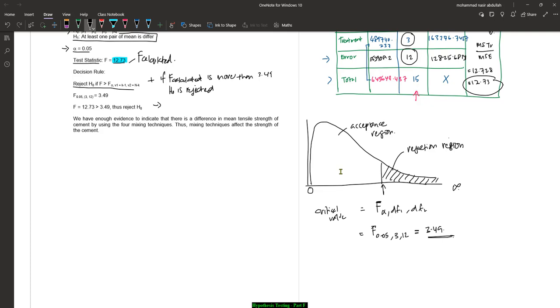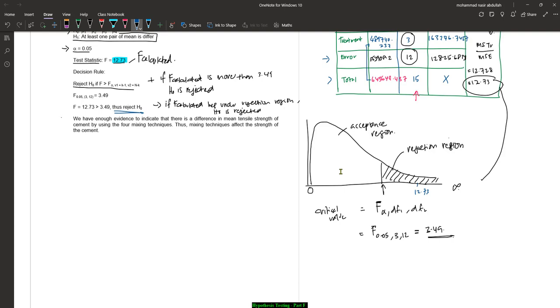Another way is if F calculated lies under rejection region or rejection area, null hypothesis is rejected. So since kita tengok dekat sini decision kita, since F calculated is somewhere here, right, 12.73 lebih besar daripada 3.49, lies under rejection area, so we're going to reject null hypothesis.